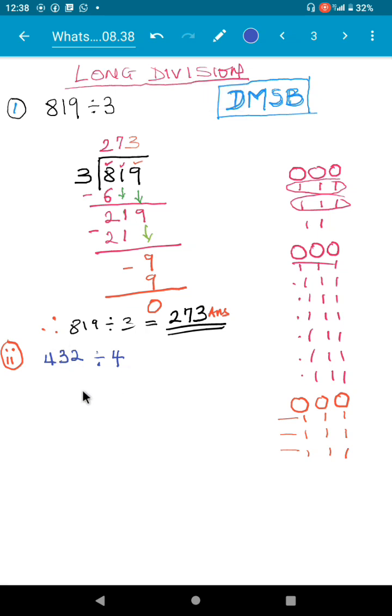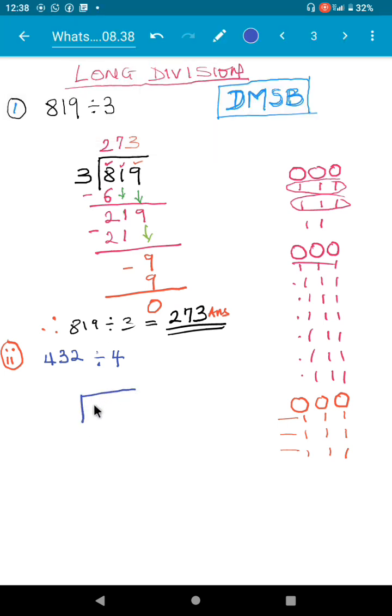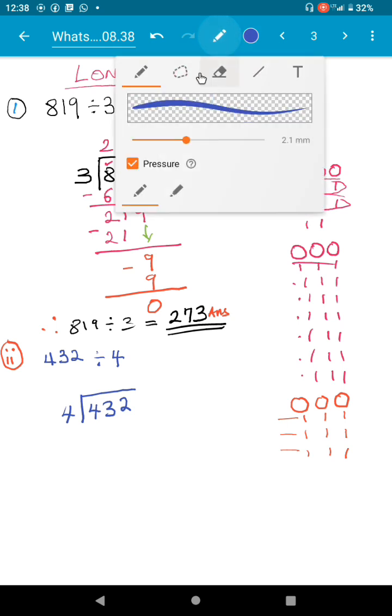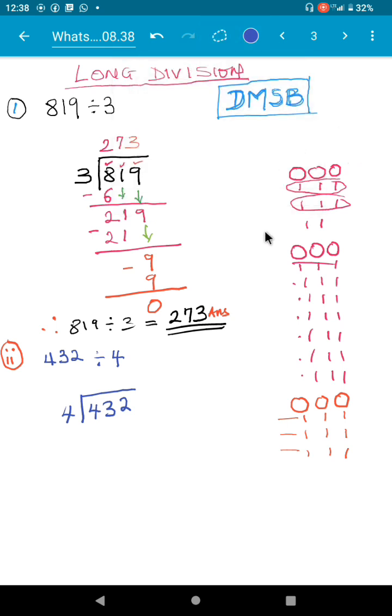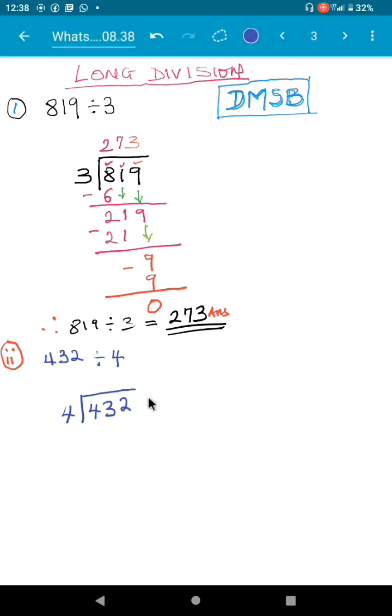Now, as usual, we're going to put our dividend here, and then we are going to divide by 4. Okay, this time I'm dividing by 4. So I think I have to get rid of all this, don't need them again.